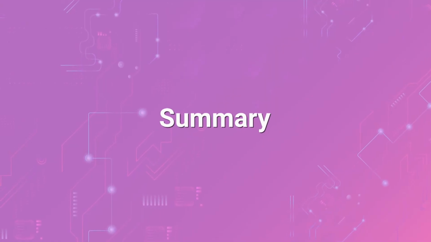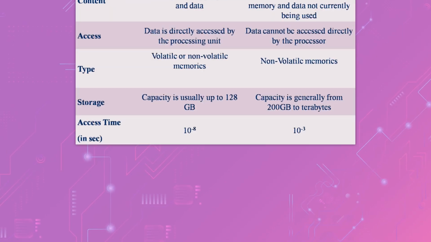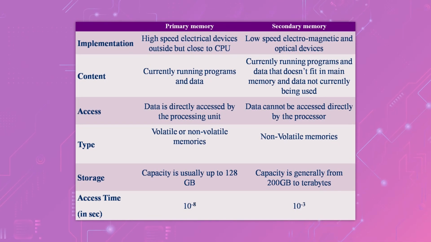Now, if we go along with the basic concepts we have discussed in this particular unit, we can summarize it in terms of 3 memory unit divisions. One is the CPU memory, second is your main memory, and lastly we have the secondary memory.